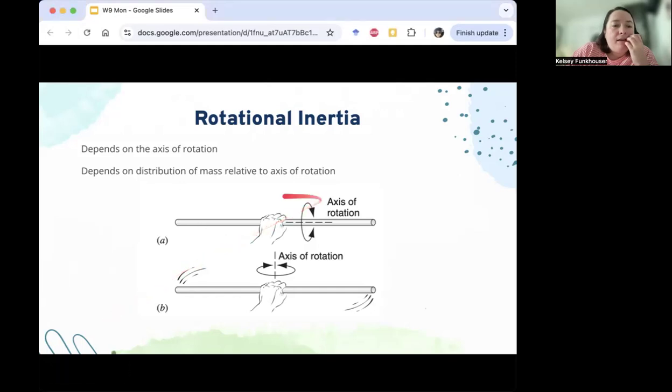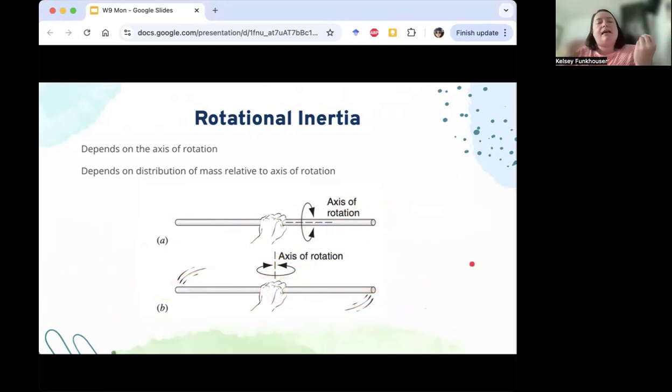So when the axis of rotation was along the rod, all the mass is really close to the axis of rotation, right? It's not very far. But then if we look at this perpendicular version, all this mass out on the end is very far from the axis of rotation. And then some of it is really close. But yeah, there's a lot that's really far.